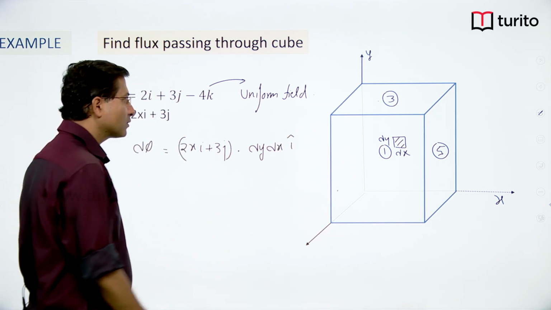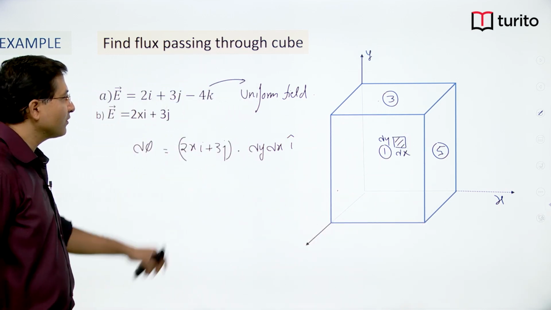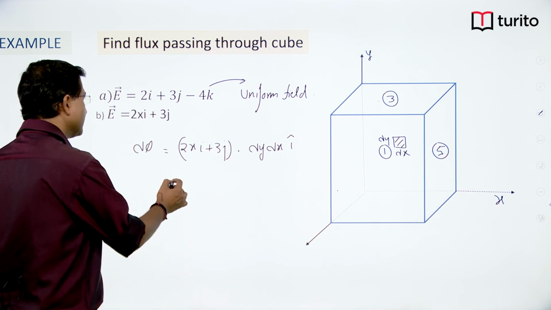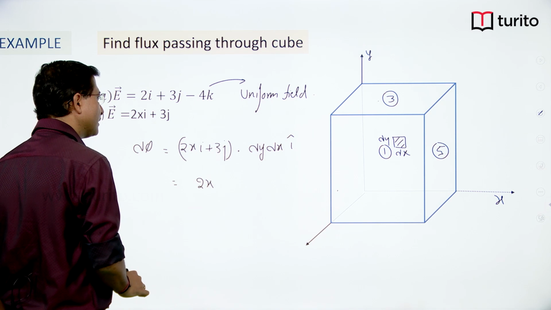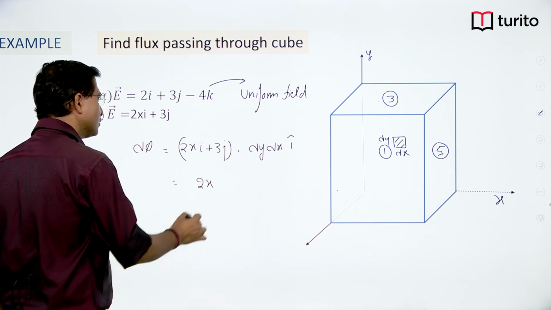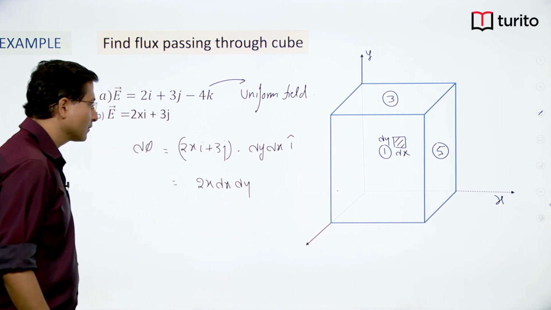Now, for this front one, everywhere x is changing, right. If you simplify this, then you will get 2x i dot i, and j dot i becomes 0, so d phi is 2x dx dy, right.